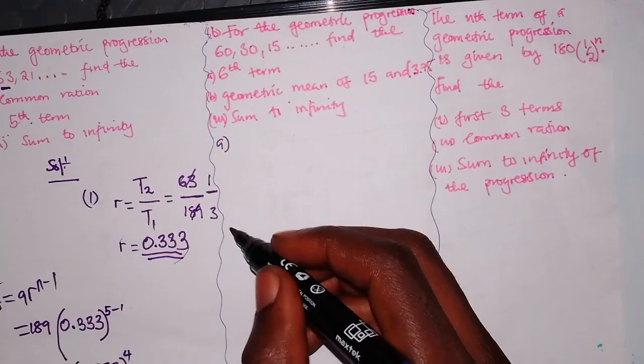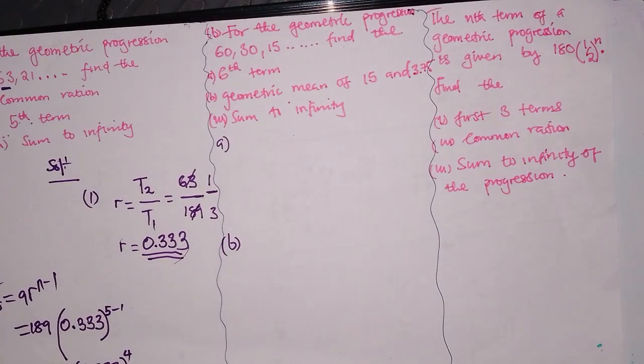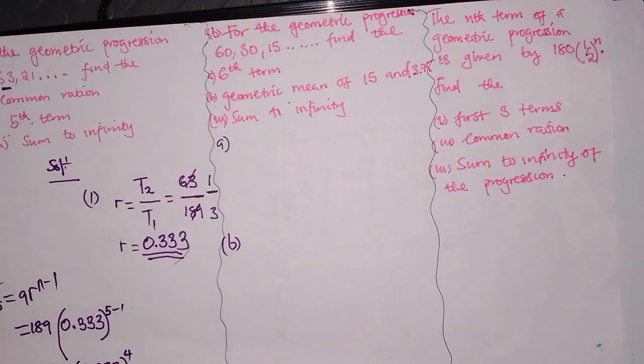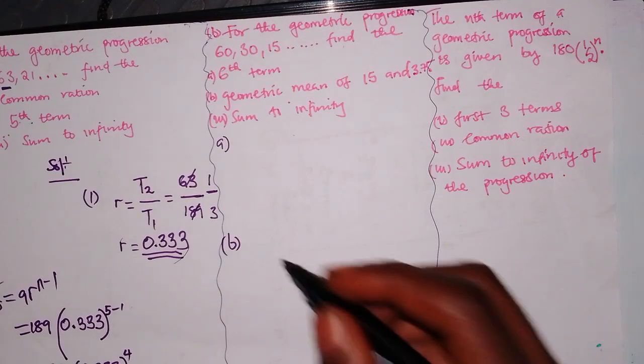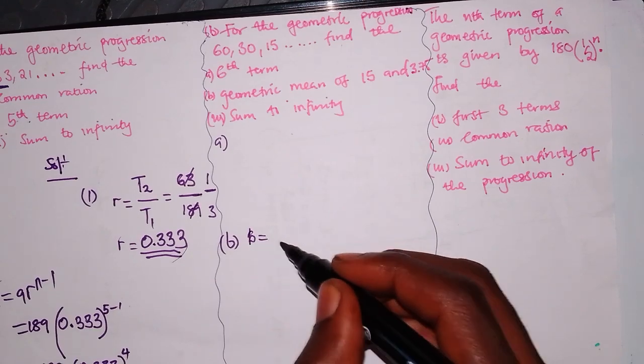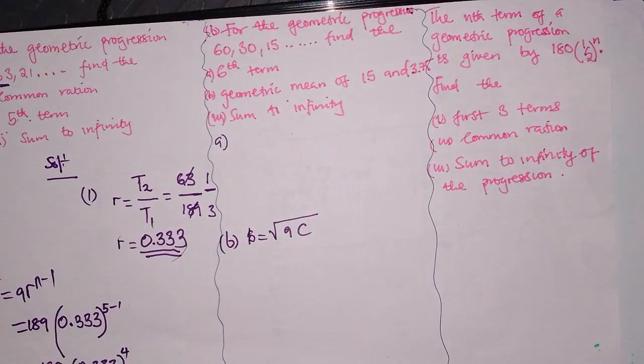So here I'm going to solve B, which is saying find the geometric mean of 15 and 3.75. The formula for the geometric mean is B equals the square root of A times C. So what do they mean when they say the geometric mean?